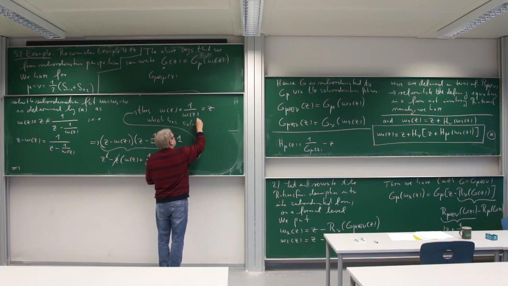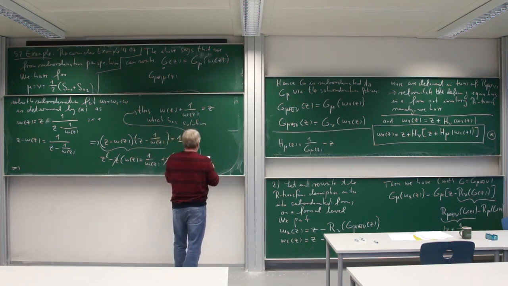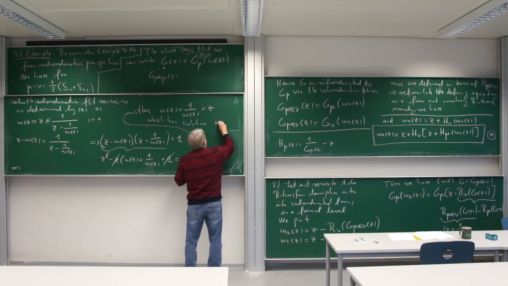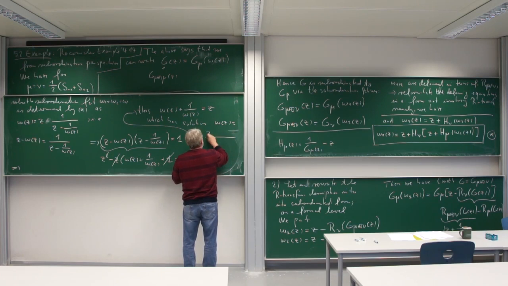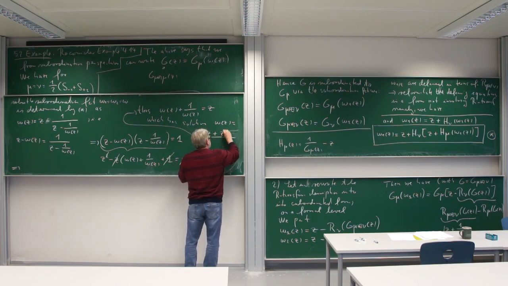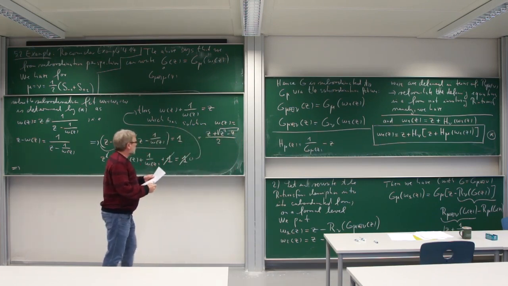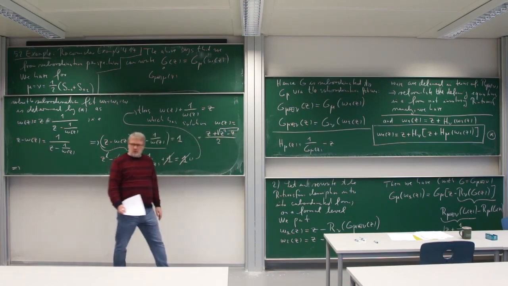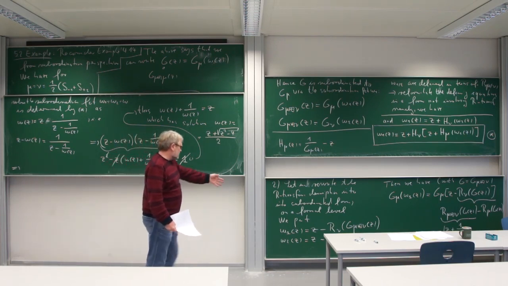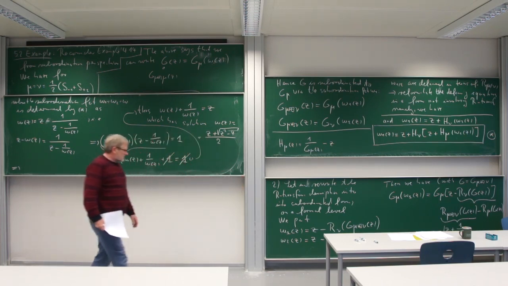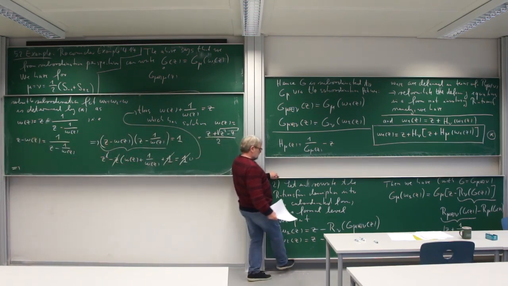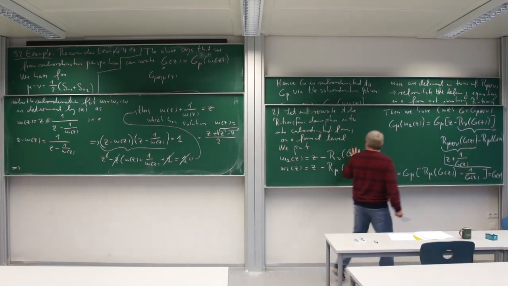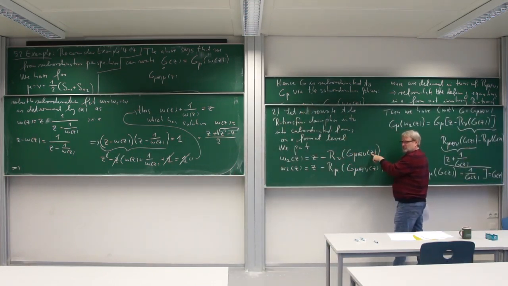And so now we see this is a quadratic equation, which of course we can solve. Which has the solution: omega of Z is equal to Z plus square root of Z squared minus 4, divided by 2. And again, of course, there are two solutions. I have to choose the right one. And if you look at my definition of omega, you see that at infinity it should behave like Z. Cauchy transform maps infinity to 0.